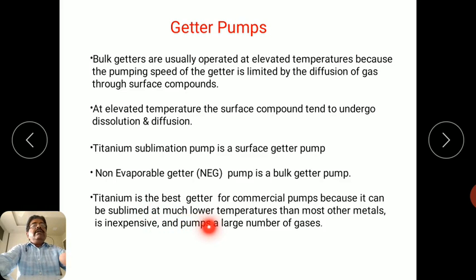Titanium sublimes at a much lower temperature than most other metals, therefore it is chosen. Other important properties are that it is inexpensive, easily available, and pumps a large number of gases. Whatever gases are present inside the chamber, a number of them can be pumped with the help of titanium. So titanium is the best suited metal to act as a surface getter.